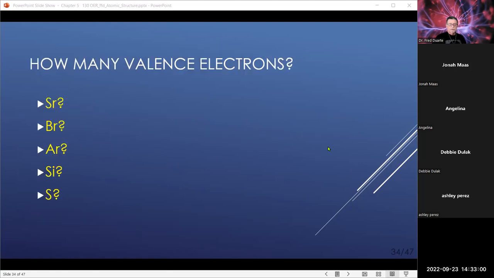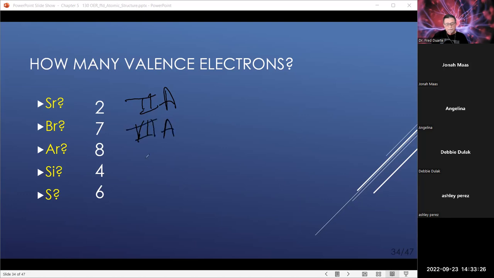All right, valence electrons for these, we simply go find them on the periodic table. Strontium, Sr, is in group 2A, and so it has 2 valence electrons, just like everybody else. That's element number 38. Bromine is in group 7A.